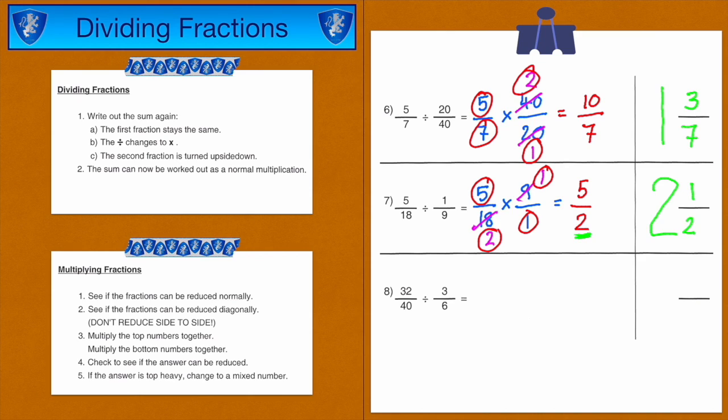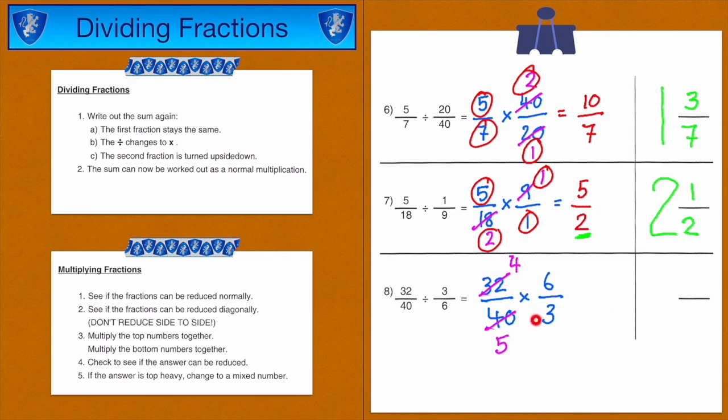All right, and one more of these. So we've got question 8. So let's write our sum out. So we've got 32 over 40 times 6 over 3. Right, so we can reduce 32 and 40 in the 8 times table. So that's 4 times 8, and that's 5 times 8. And then 6 and 3 we can divide by 3.